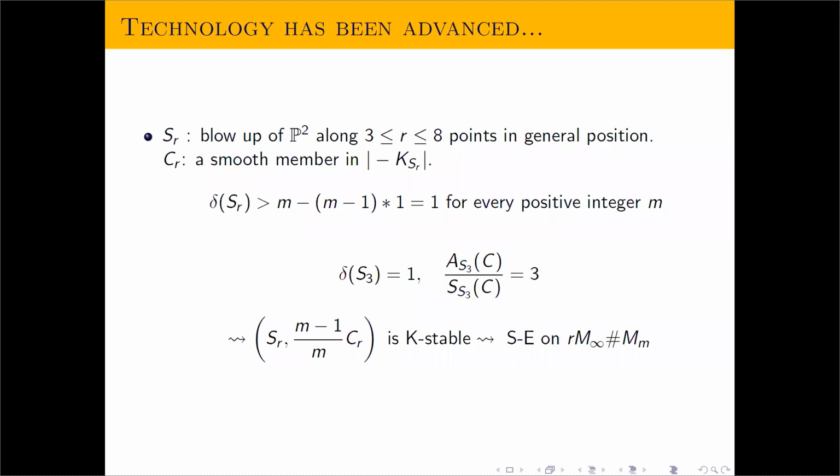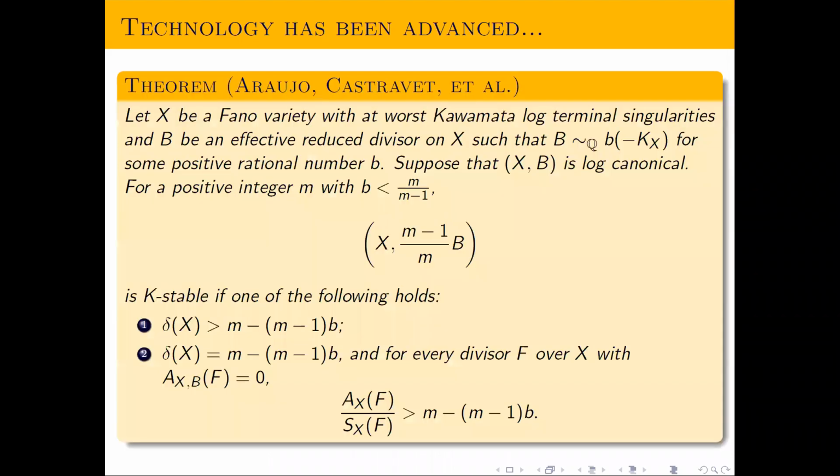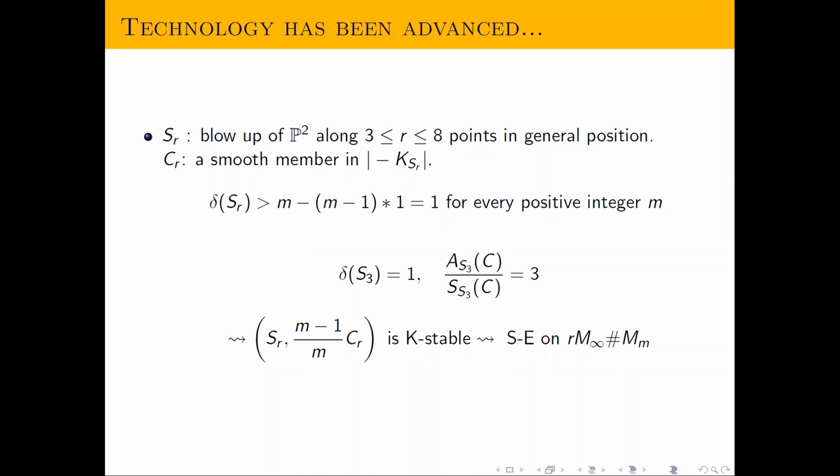So it is proportional, and it satisfies the numerical condition required here. So they are all K-stable. Now it's simple: they give us this Sasaki-Einstein metric on this 5-manifold.